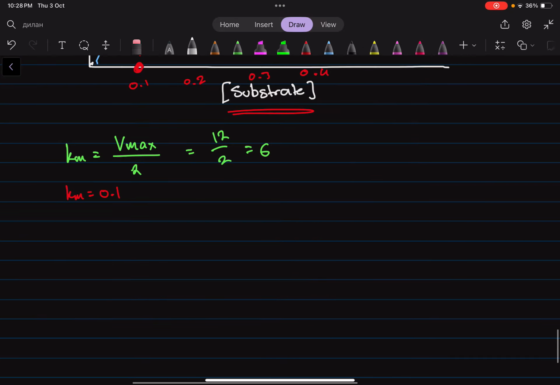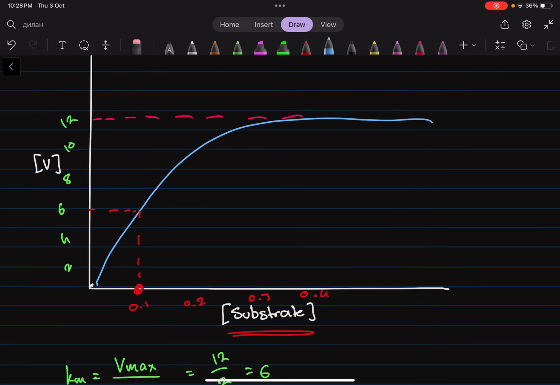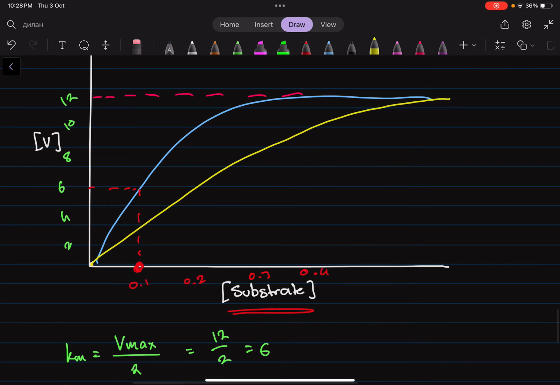Sometimes questions are like, what is the significance of Km? So let's imagine we had a competitive inhibitor. The competitive inhibitor graph would look like this. It would still reach the same Vmax at a point, because at high substrate concentrations, high substrate outcompetes the competitive inhibitor for the active site, right?